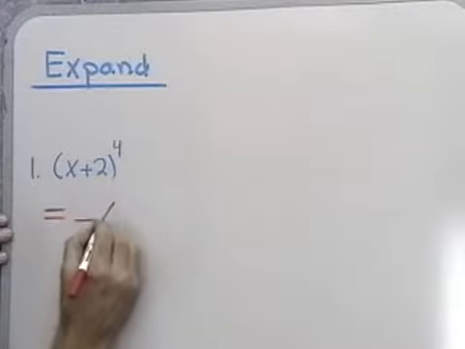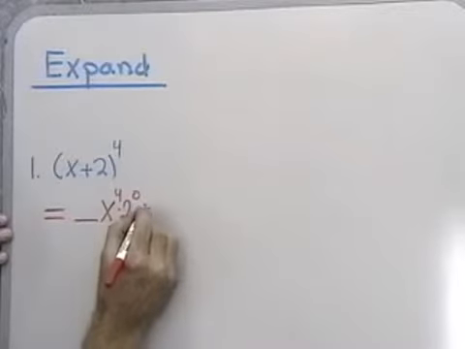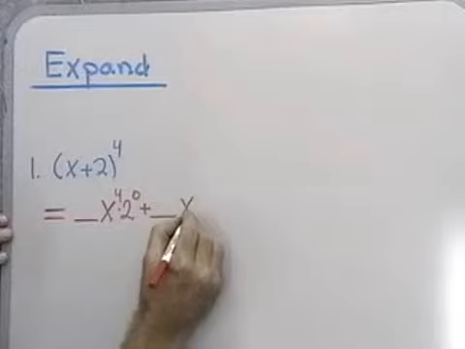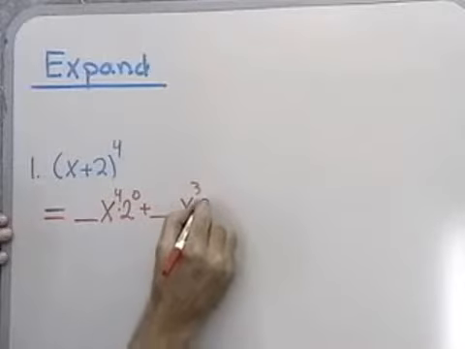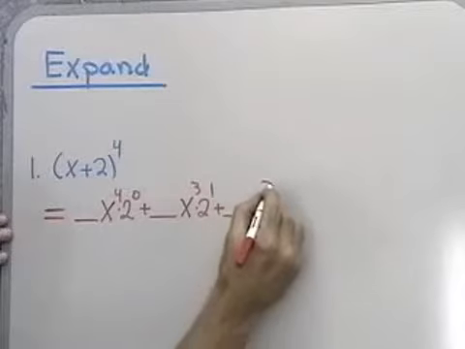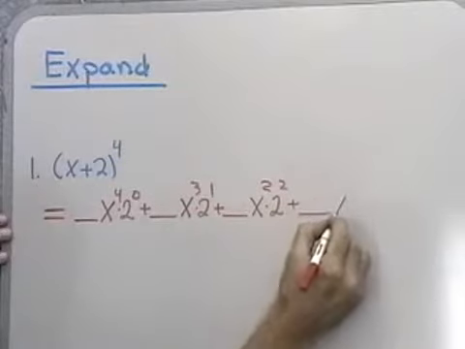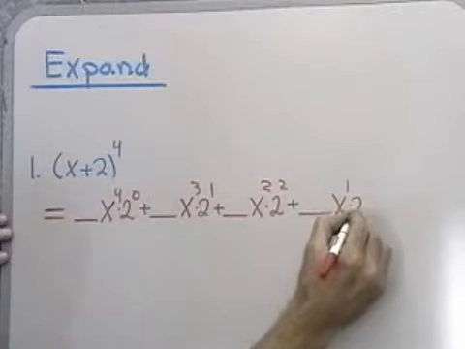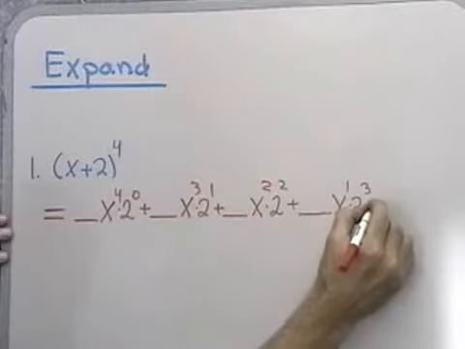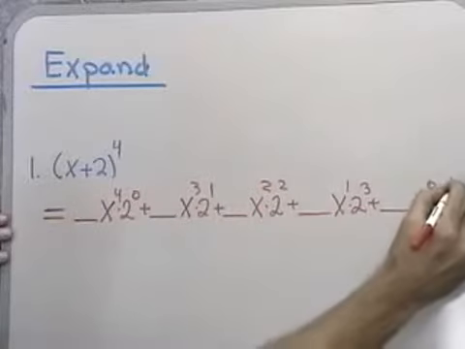There will be some number, x to the 4th times 2 to the 0, plus some number, x to the 3rd times 2 to the 1, plus some number, x to the 2nd times 2 to the 2nd, plus some number, x to the 1st, 2 to the 3rd, plus some number, x to the 0 times 2 to the 4th.